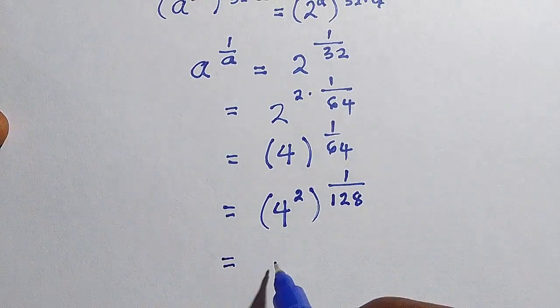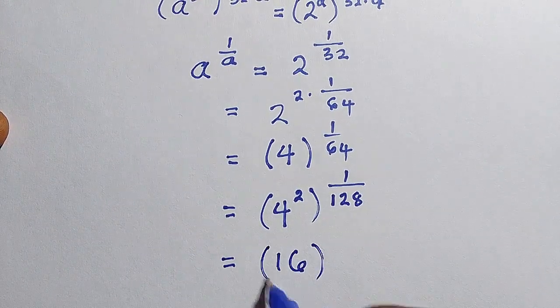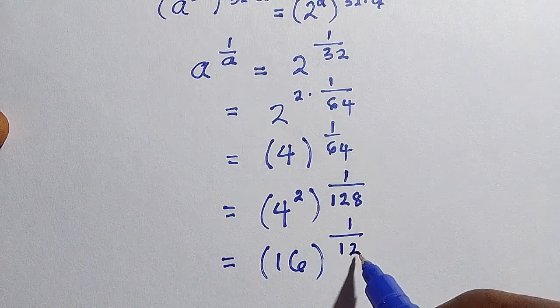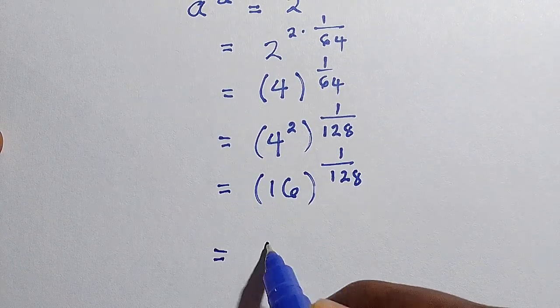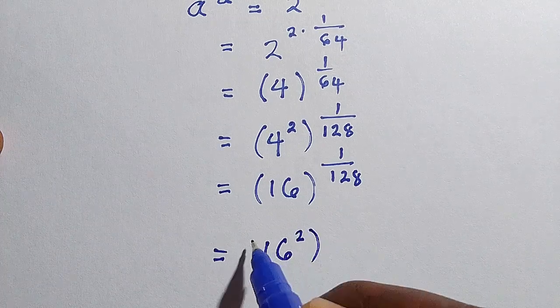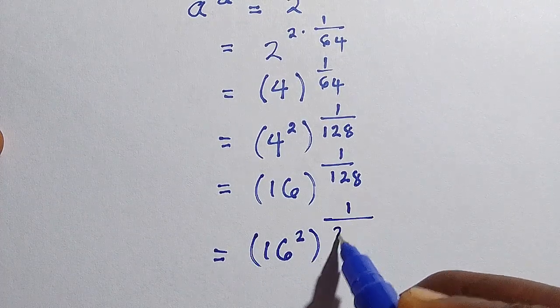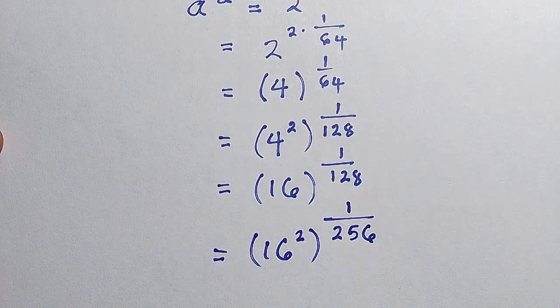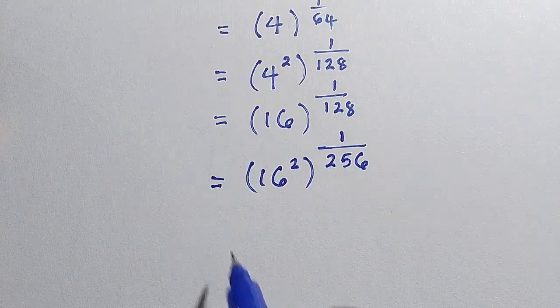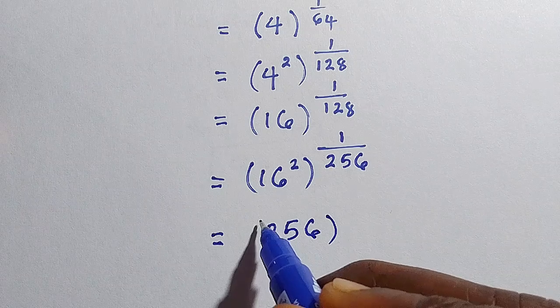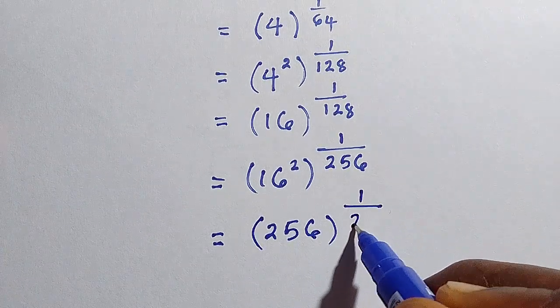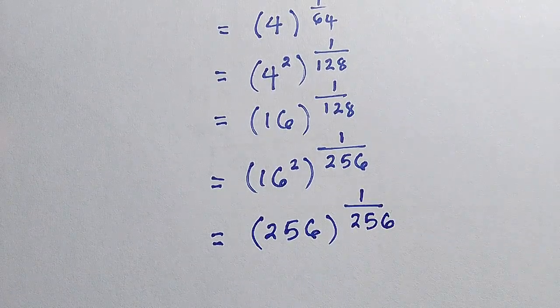And 4 to the power of 2 equals 16, all raised to power of 1 divided by 128. And similarly again, we have 16 to the power of 2, all raised to power of 1 divided by 256, as 16 to the power of 2 equals 256, and everything raised to power of 1 divided by 256.